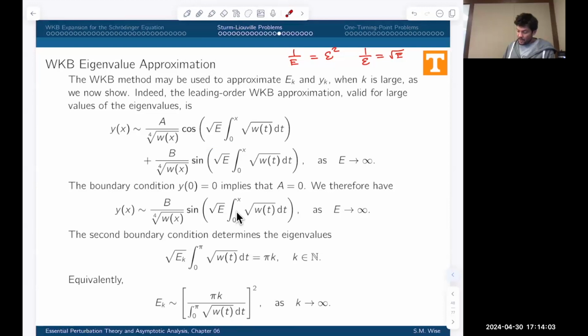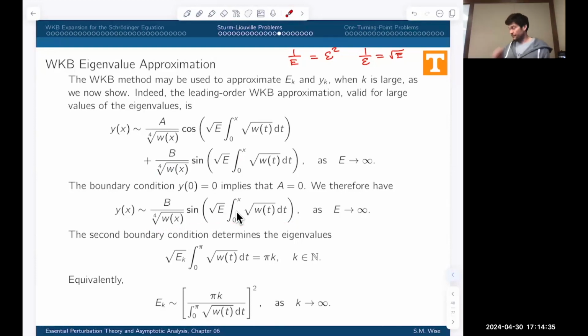If I put in y of 0 equals 0, then immediately I see that the cosine is going to be cosine of 0, which is just 1. And sine, if I put in 0 here, is just going to be 0, so this whole term goes away. But the boundary condition says y of 0 is equal to 0, so that tells me that A has to be 0. So I immediately lose that term, and I only get sines.